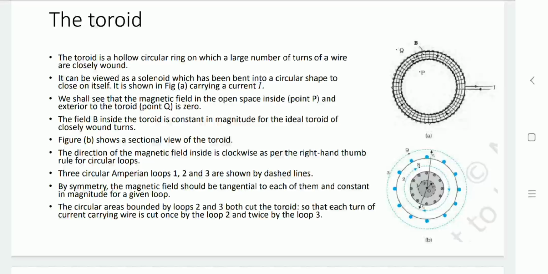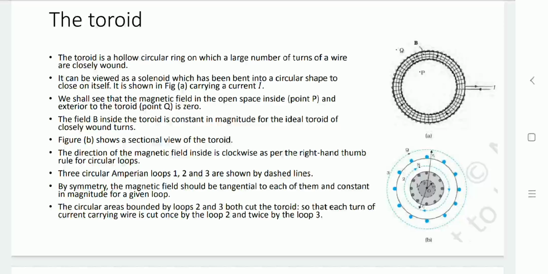Now the areas bounded by loops 2 and 3 are cut by the toroid, where the small blue dots define the toroid.